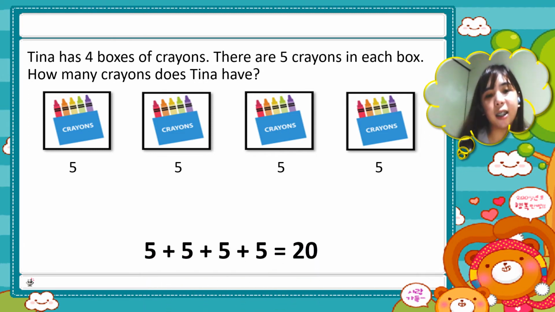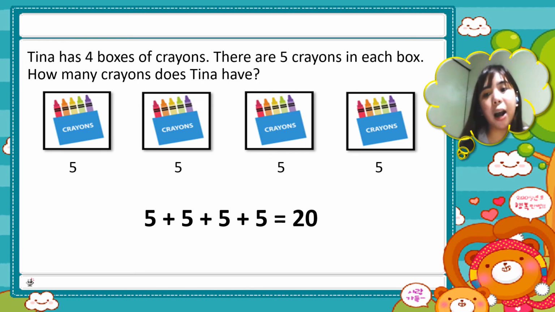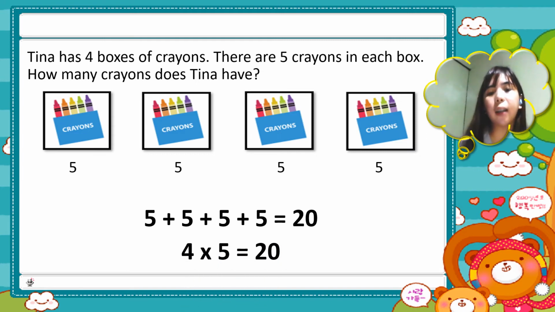If this is addition, we write it as 5 plus 5 plus 5 plus 5 equals 20. But we are talking about multiplication here. How are we going to write this in multiplication? It's going to be 4 times 5 equals 20.